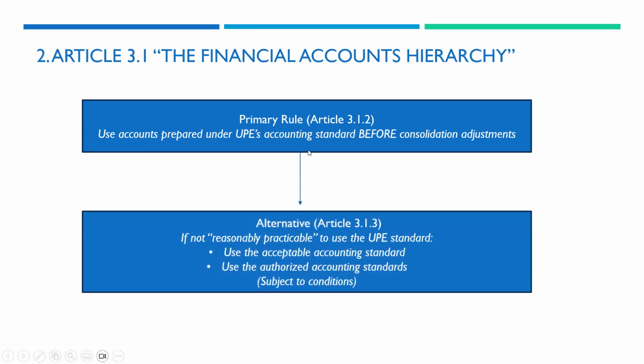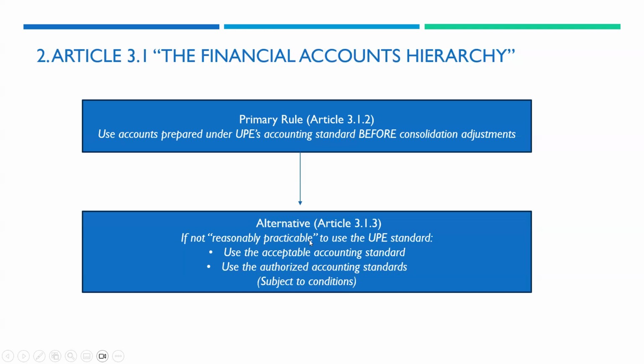Now, if that is not possible, let's say I've been using Ind AS, and converting to IFRS is extremely difficult or not reasonably practicable, then they have told us you can use an acceptable accounting standard or an authorized accounting standard, subject to conditions. We will learn what this is, but please understand, it applies if it is not reasonably practicable.